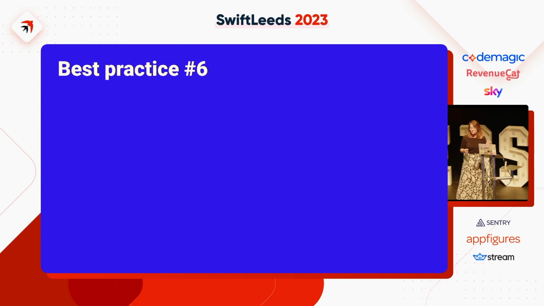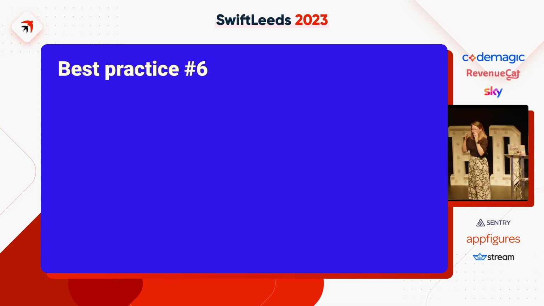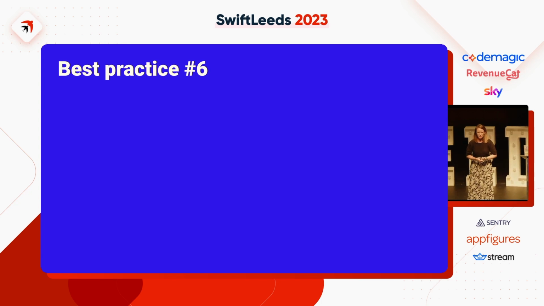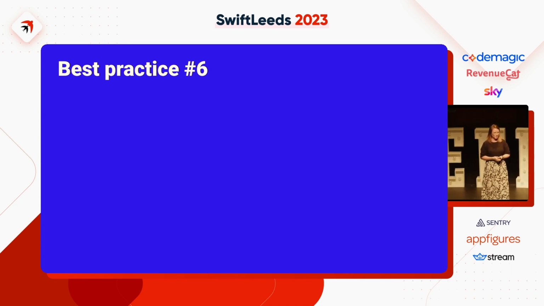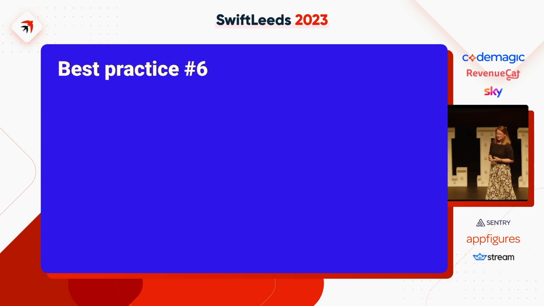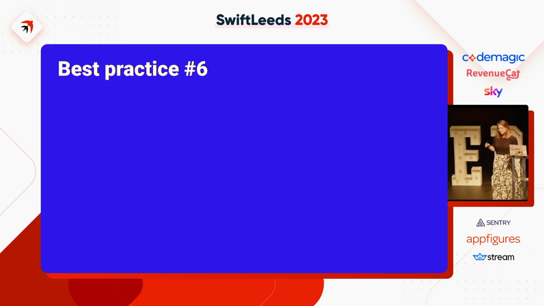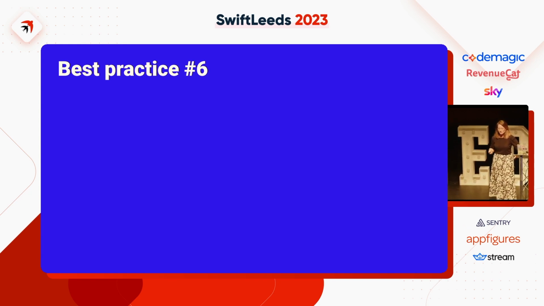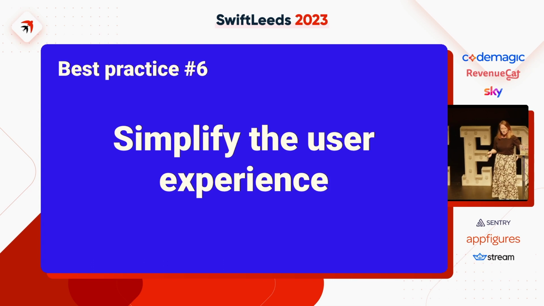Now, if you've never used an assistive technology with an app, like used VoiceOver or switch control, it's very, very slow, and it's clunky, and it gets even slower and even clunkier when you start dealing with complex UI components, aka a map, which is very complex. So as engineers, we want to do everything we can to improve, to simplify, to streamline the experience for our users on assistive technology. So best practice number 6, simplify the user experience.